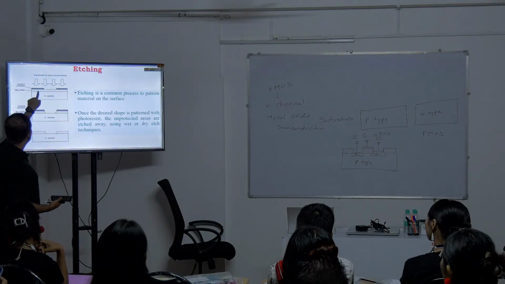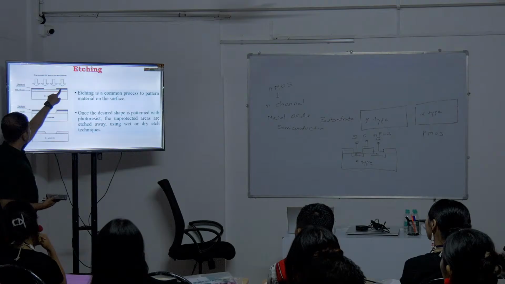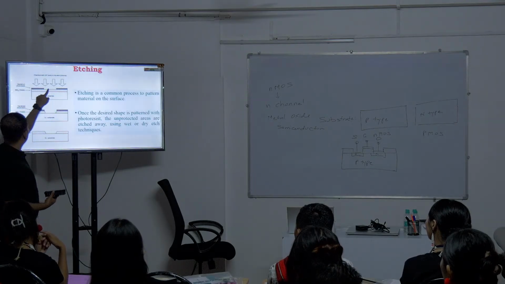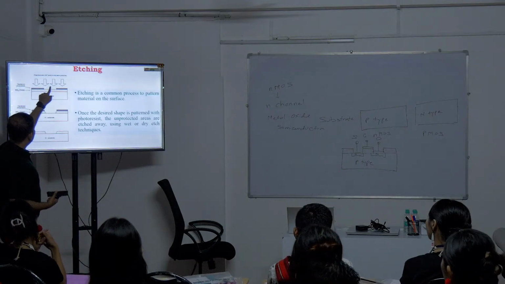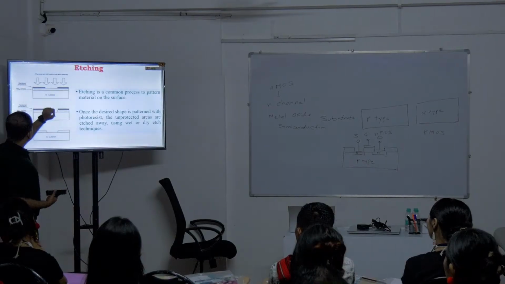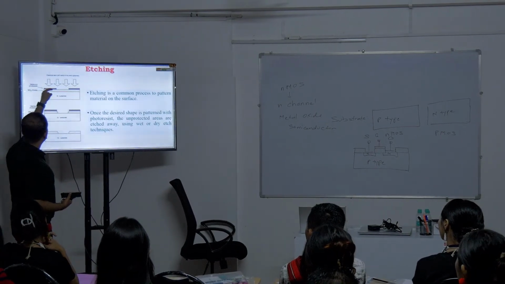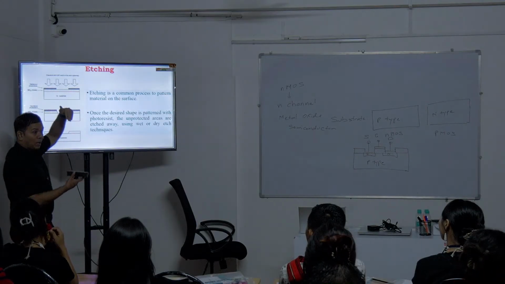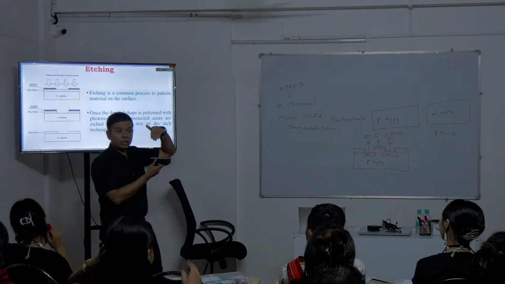This additional thing is known as a mask. So I'm putting a mask on top of that, and this portion I do not want. After putting this photoresist mask, I'm going to pass it through ultraviolet radiation.